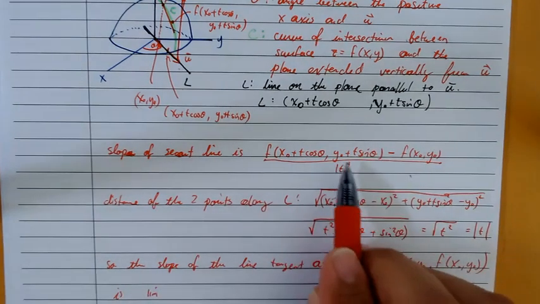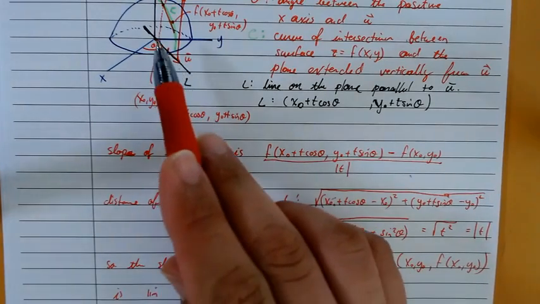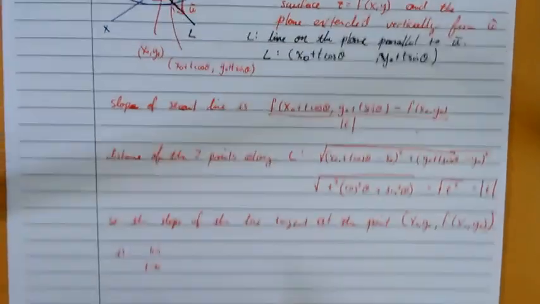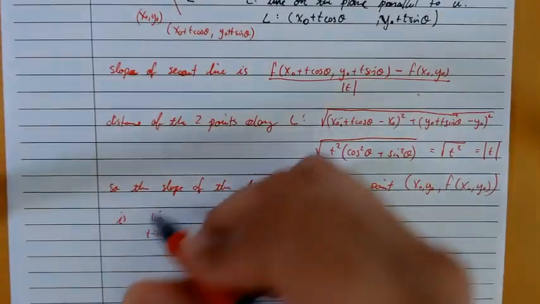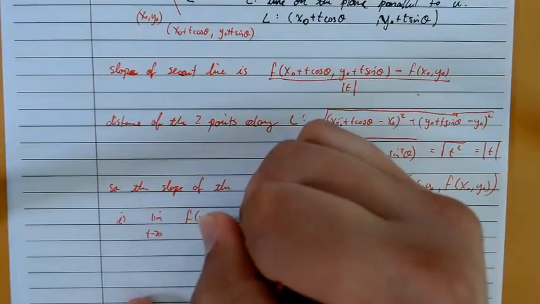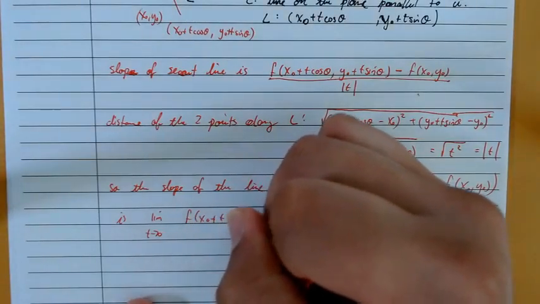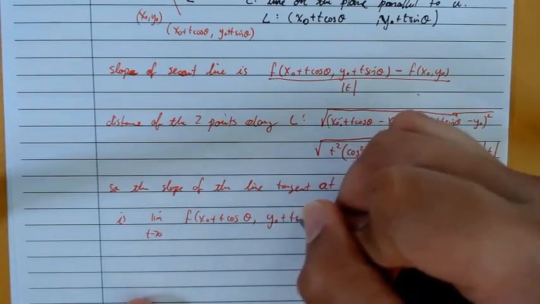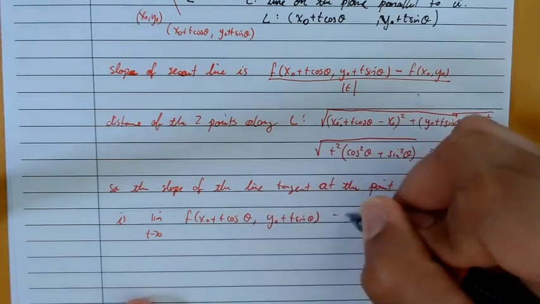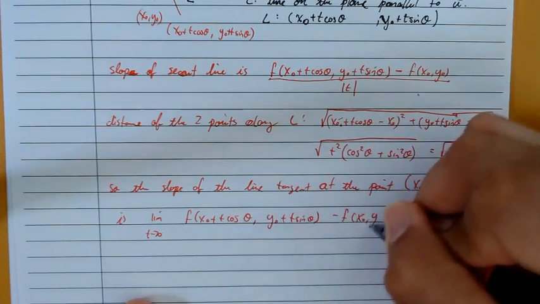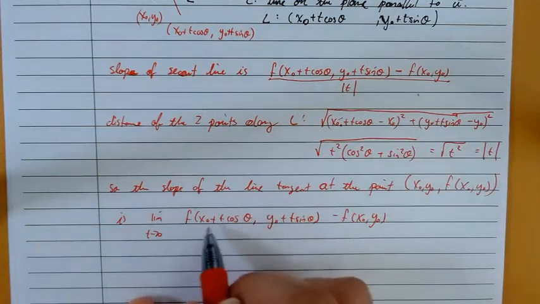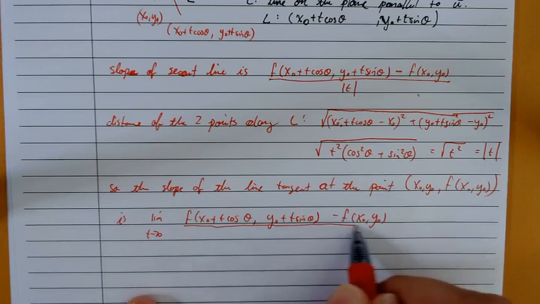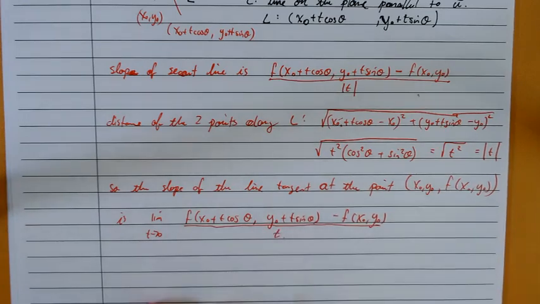Now here we're taking the absolute value of t, but notice that by our parameterization this is positive, so here we can ignore the absolute value signs there. So here that's the limit as t approaches 0 of f of x naught plus t cosine of theta, comma y naught plus t sine of theta minus f of x naught comma y naught over t, which is our definition.